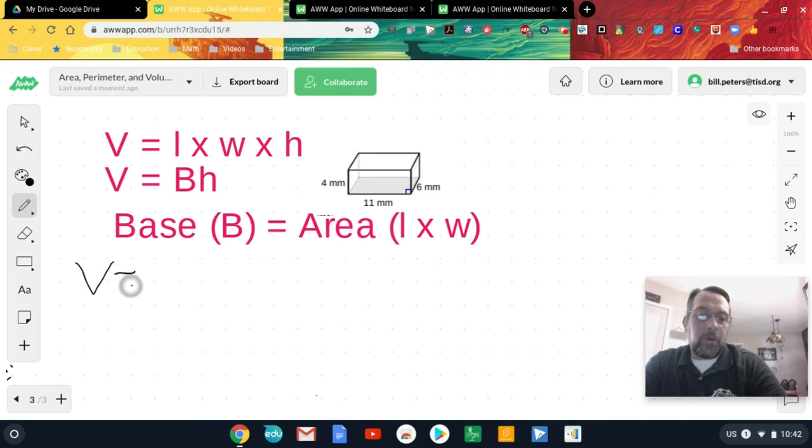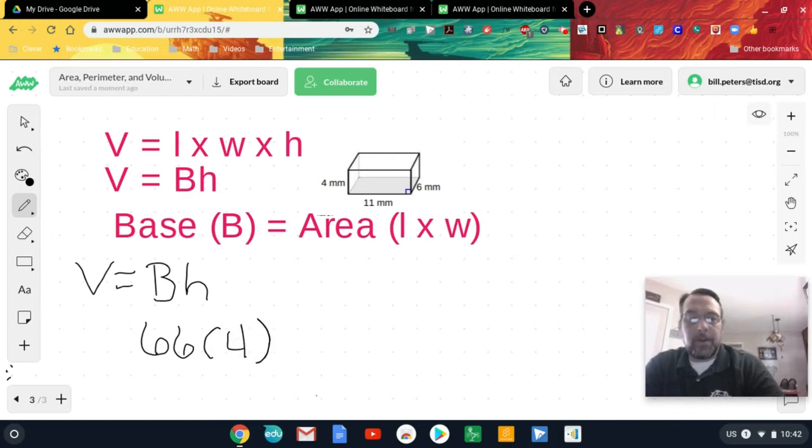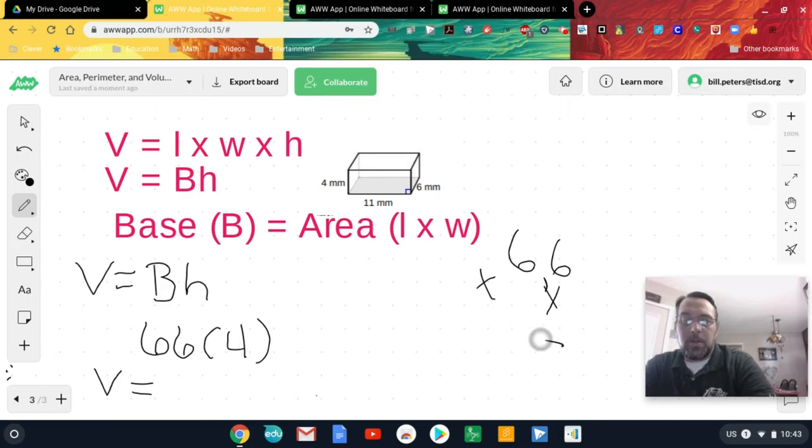If we use the second formula, volume equals base times height. I'm going to find the base by multiplying the length times the width. 11 times 6 is 66. So I would have 66 times 4. 4 times 6 is 24.